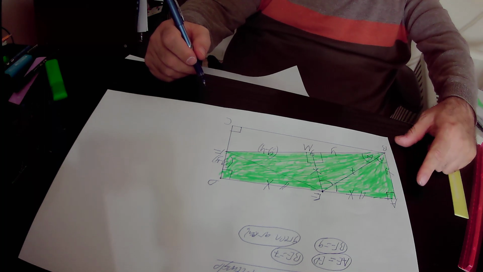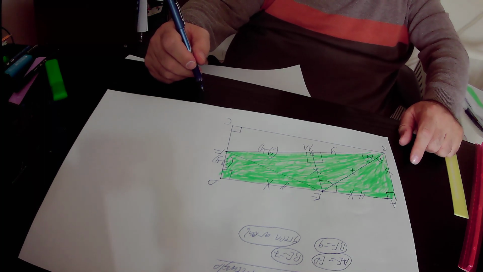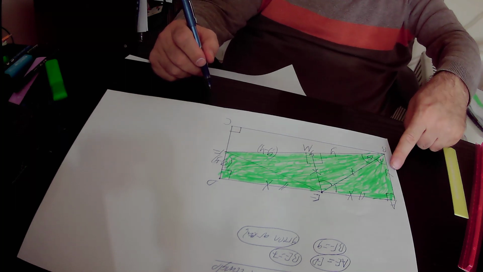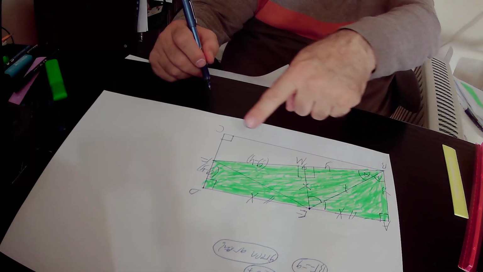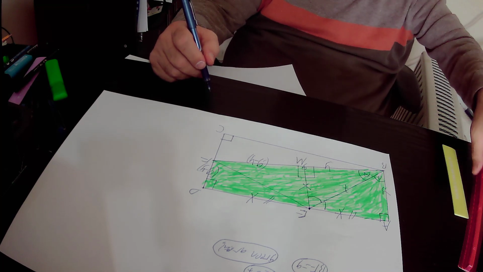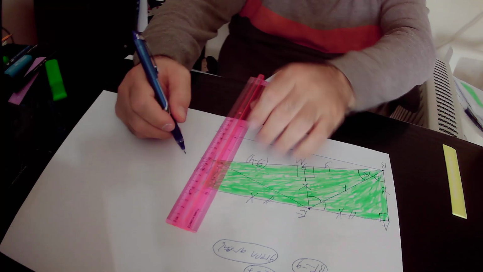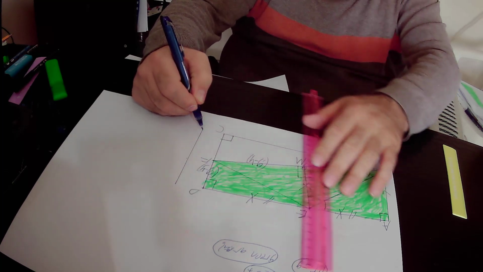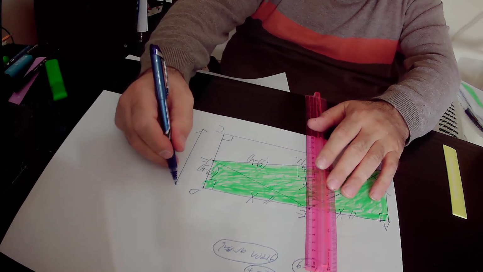And we know that the opposite sides of a rectangle are equal to each other, so AB equals DC. But AB equals y according to our definition, so DC will also equal y.